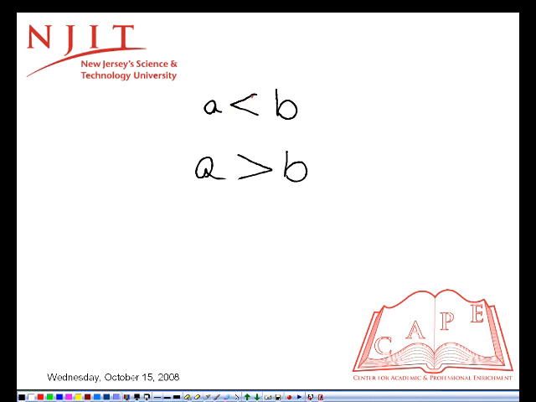Generally, the way that I remember it is that the tip of the caret head faces whoever is smaller, and its head faces whoever is larger. So here we're saying that A is less than B, and here we're saying A is greater than B. These two are what's known as inequalities.